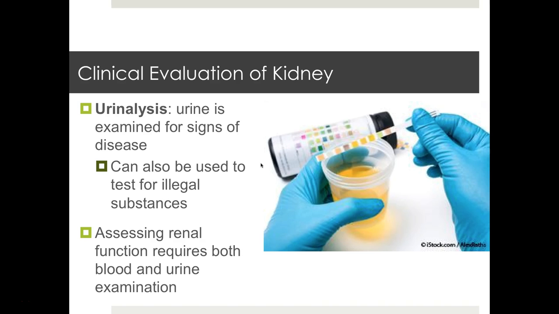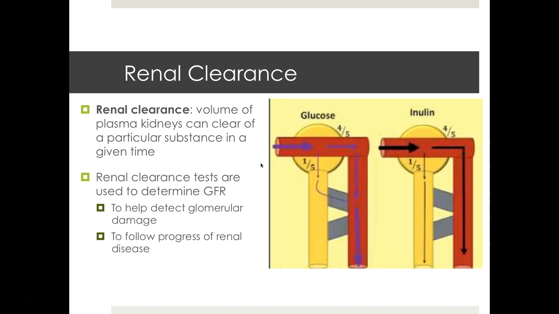In order to assess renal function, though, we need both blood and urine for that examination. So we could do something like a renal clearance, which is going to measure the volume of plasma kidneys can clear of a particular substance in a given time. So really, we're just saying that this is the ability of our kidneys to remove molecules from our blood plasma and put it into our urine.